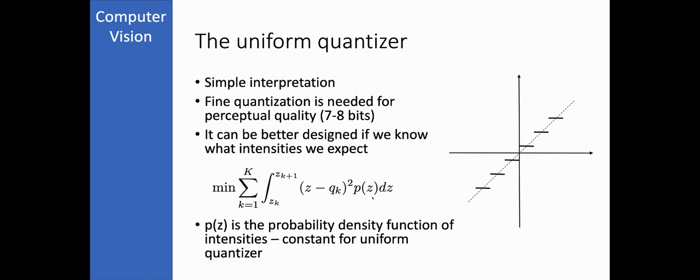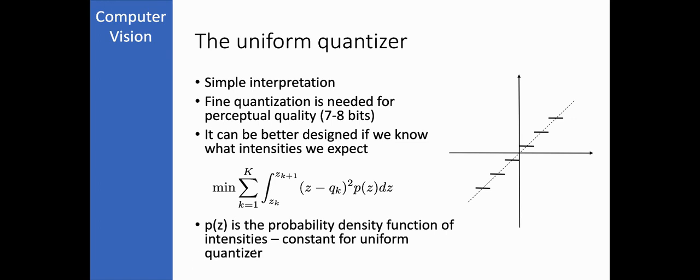It means that if there are certain ranges of intensities where I never expect to see anything, I'm okay using very large intervals in those areas. If there are other intensity areas where I expect to see a lot of pixels, then it's better to use smaller intervals to represent those values so that I have a much better reconstruction error, or quantization error.